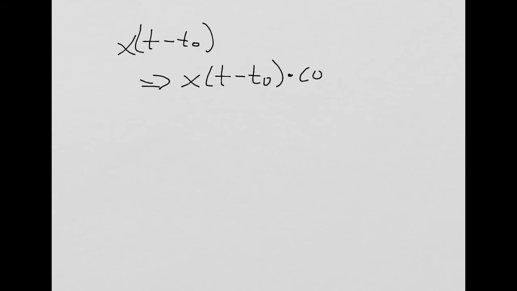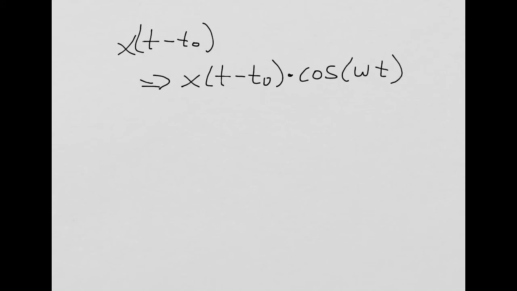So next what we want to determine is whether it is time invariant. So we basically assign an x of t minus t0. And so after the system, x of t minus t0 would actually end up being x of t minus t0 times cosine of omega t.